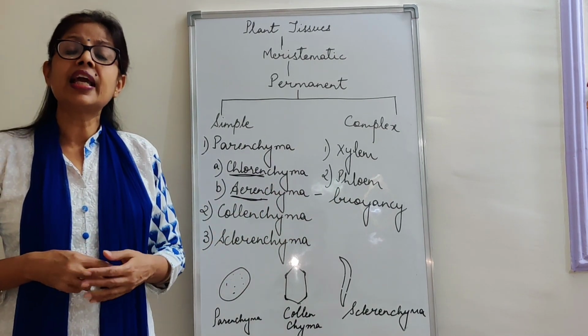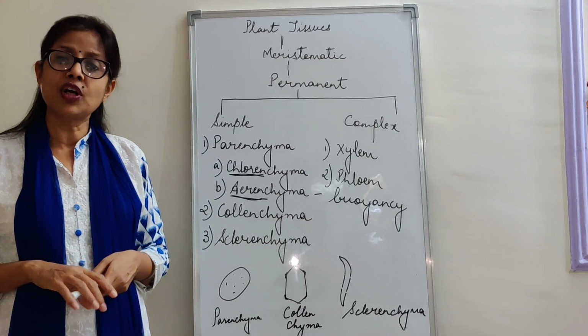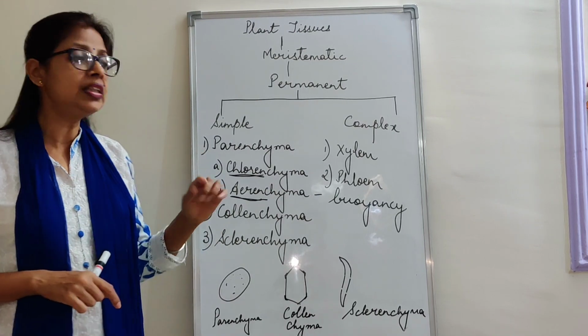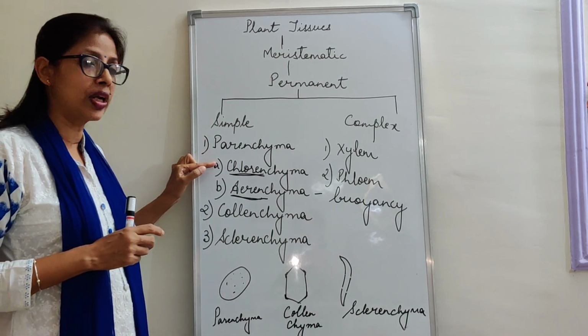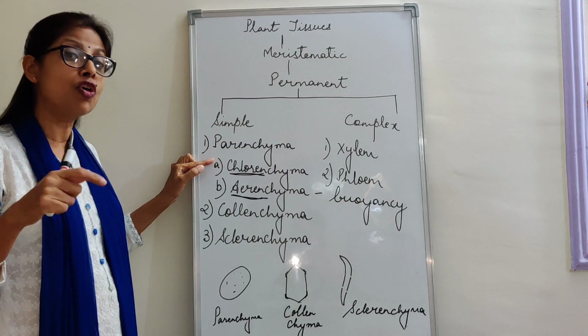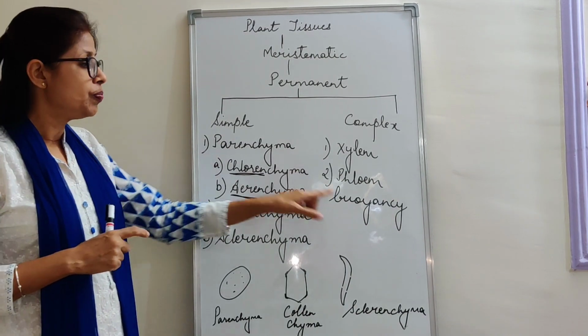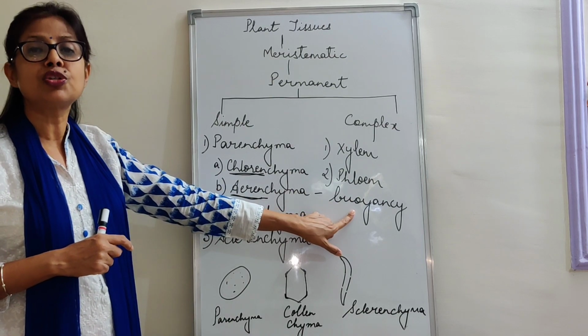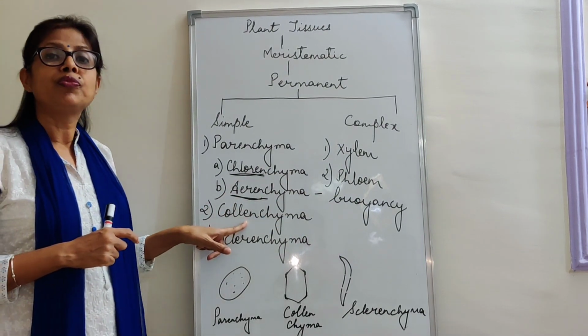That means it makes the plant float on the surface of water. So what we learn is that parenchyma are of two types: chlorenchyma if they perform photosynthesis, or aerenchyma if they give buoyancy to the plant. Next, we come to collenchyma.